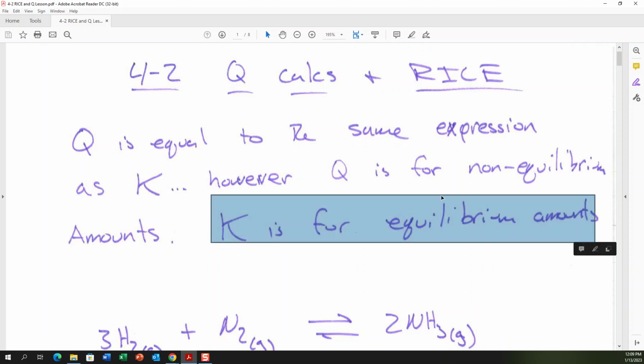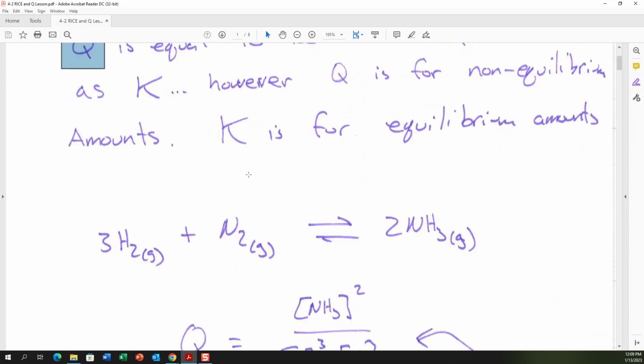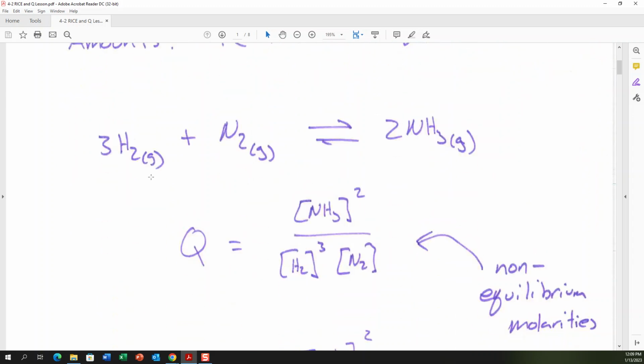So if I have my equilibrium molarities and I plug them into the equilibrium expression, the value that comes out will be K. But if I plug in molarities that aren't at equilibrium into the equilibrium expression, the value that comes out will be a Q value, because a Q value means you haven't reached equilibrium. Now, if Q equals K, then yes, you're at equilibrium.